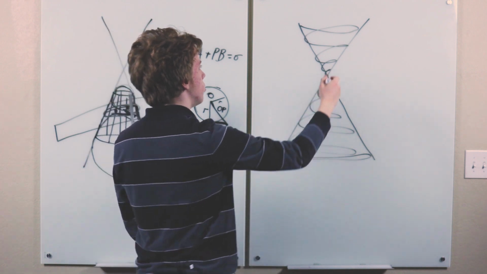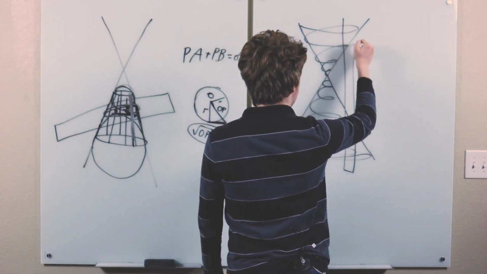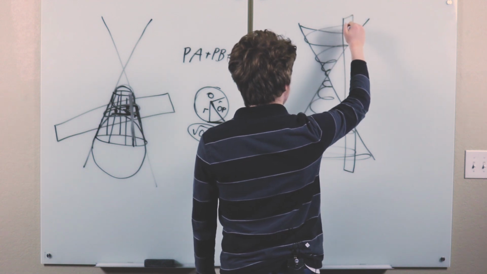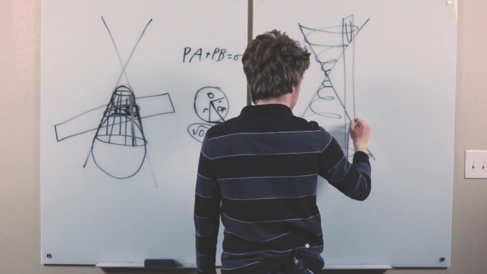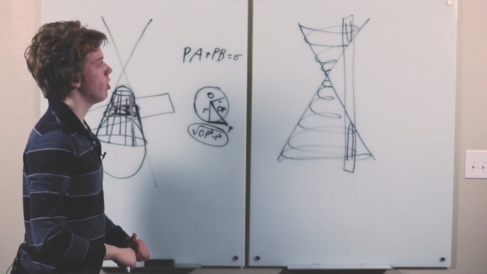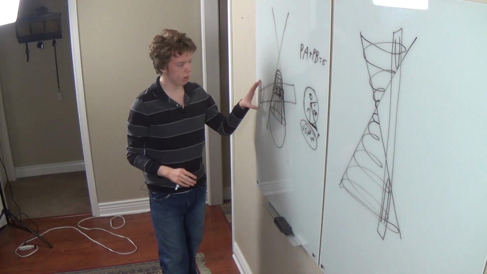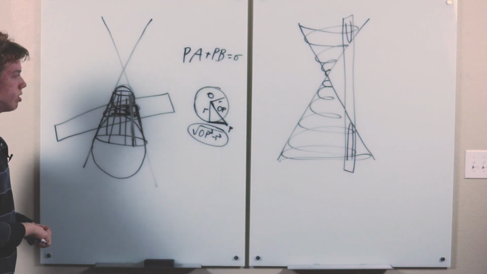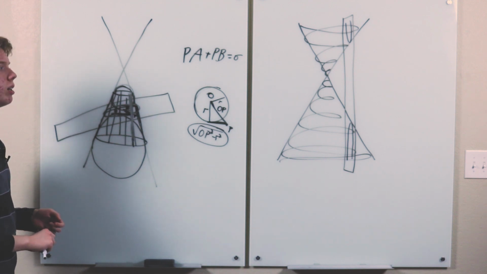So let's take this cone again. Now let's take our hyperbola. So the idea is we want to adapt this to this. So let's again inscribe two spheres in the cone tangent to the plane.